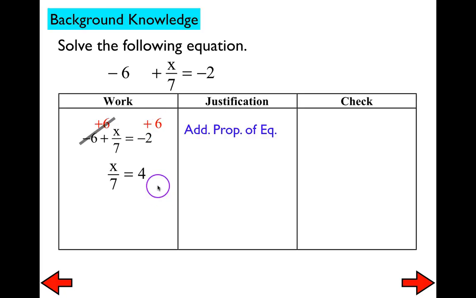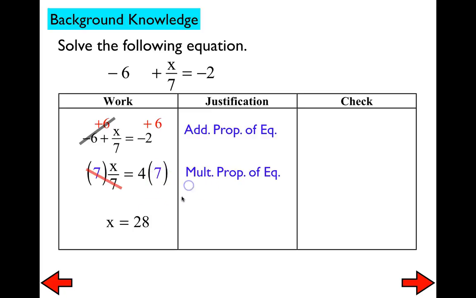And then after that, this means x divided by 7. So the inverse would be to multiply both sides by 7. Therefore, I'm using the multiplication property of equality since I'm multiplying both sides by 7 to keep my equation balanced.